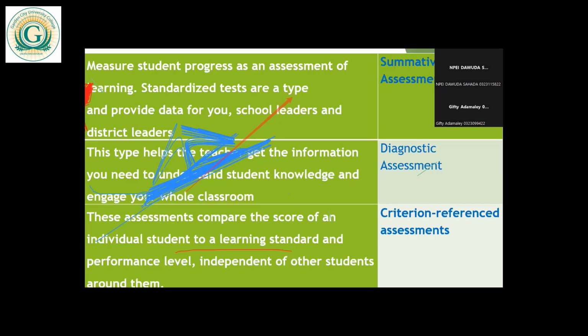So yes, it is a form of criterion reference assessment.